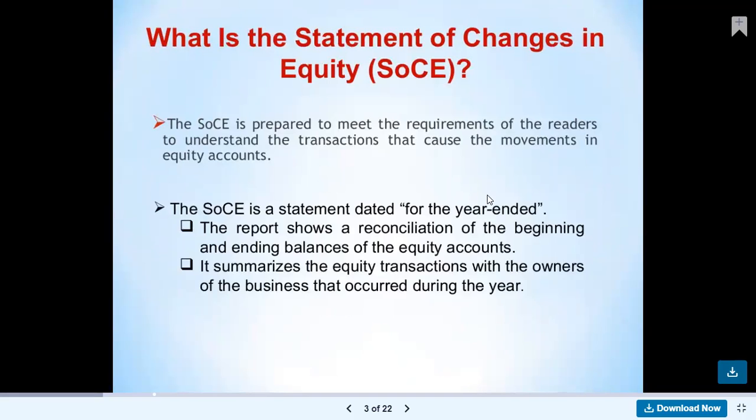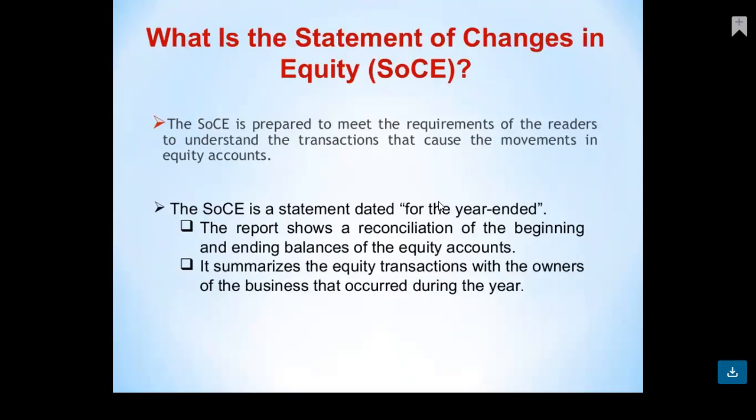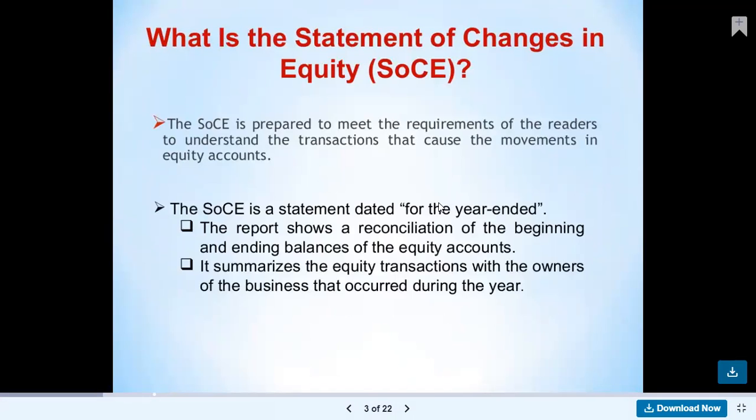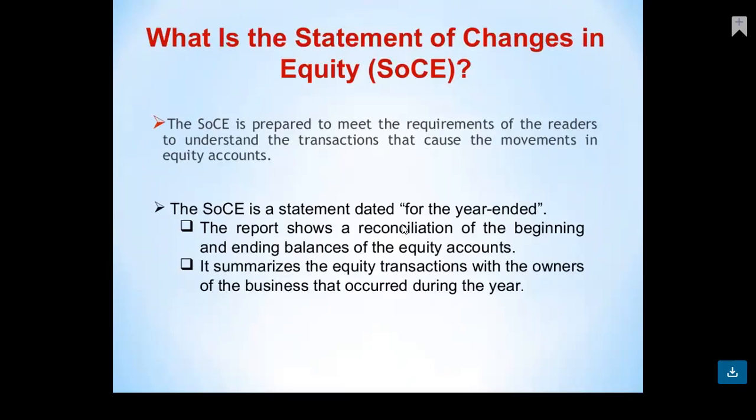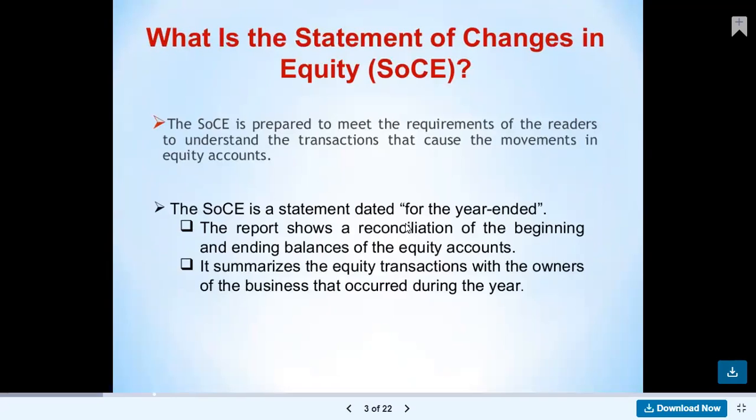So what is the statement of changes in equity, by the way? The statement of changes in equity is prepared to meet the requirements of the readers to understand the transactions that cause the movements in equity accounts. It is a statement dated for the year end.